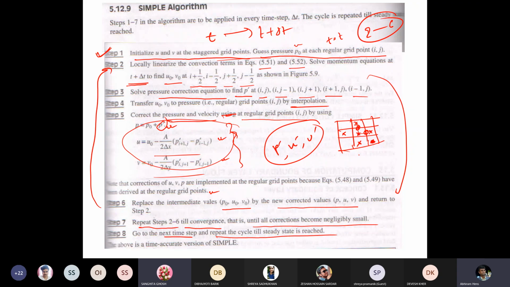I am not sure, because this is the difficulty of online mode. I cannot understand whether you are getting it properly or not. But I tried to convey the most important aspect of pressure velocity coupling in the form of the simple algorithm.